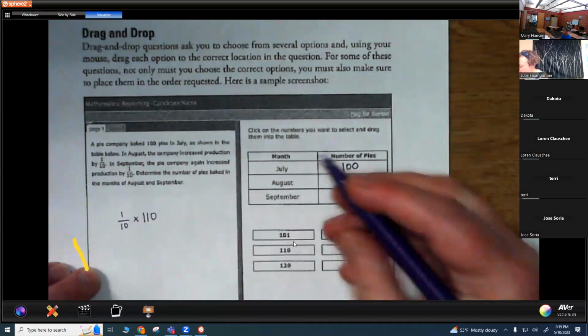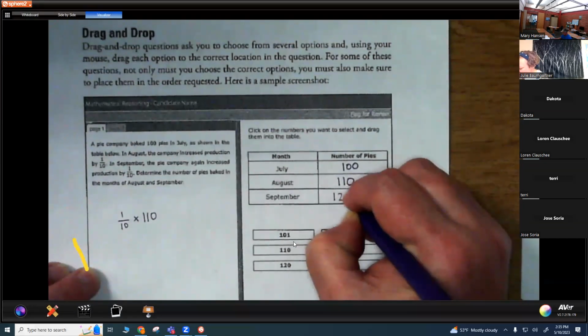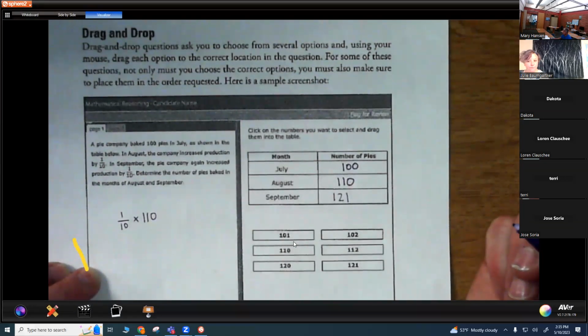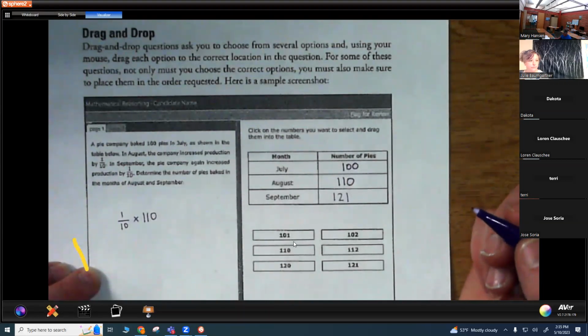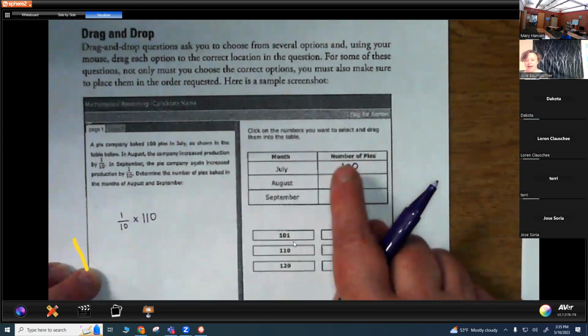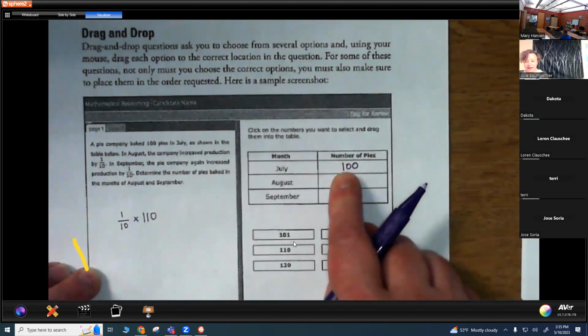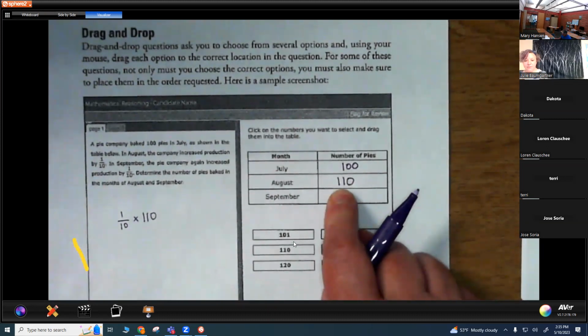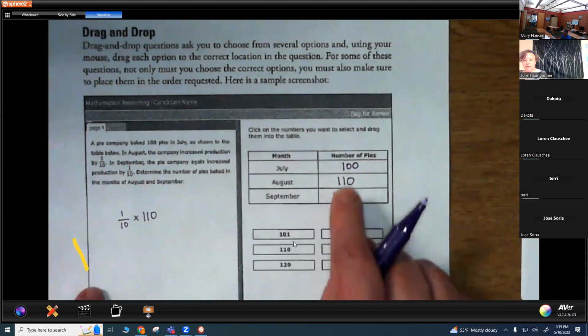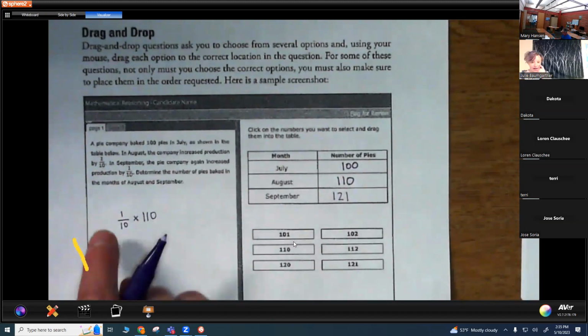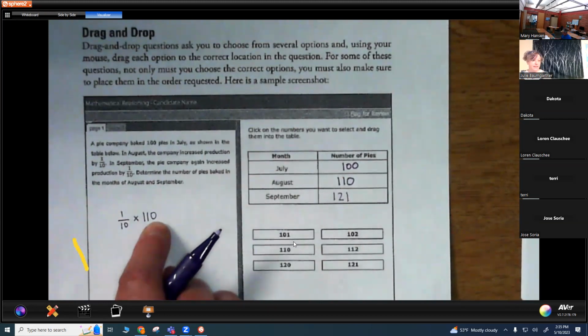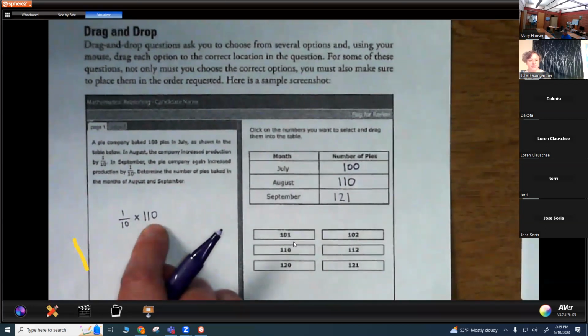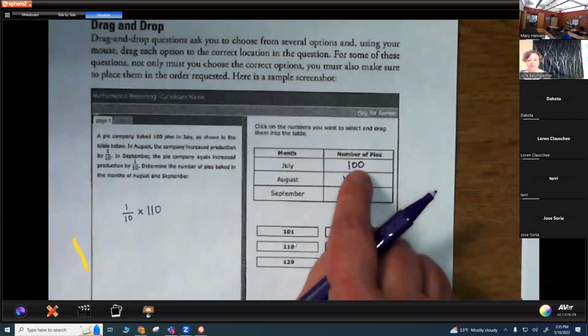Does everyone see how that works? Because we did 10% here to get here, but then when we do 10% here, it goes here, because we now have to take 10% of our 110 instead of our 100.